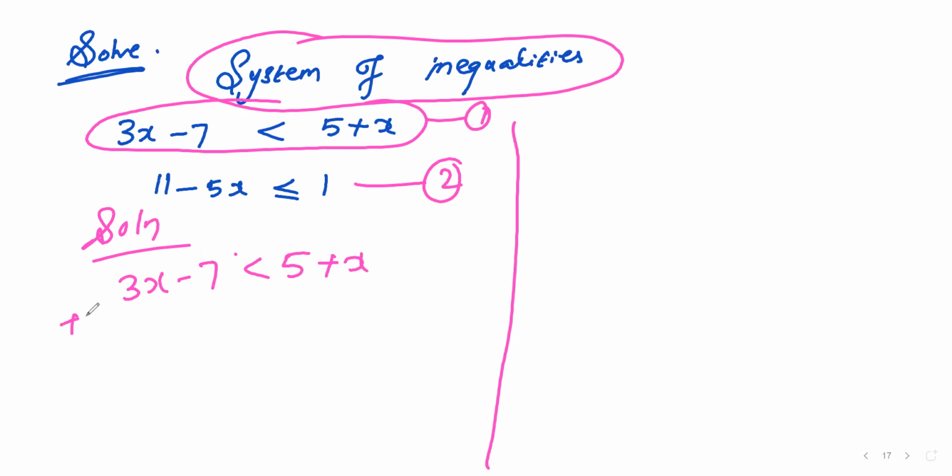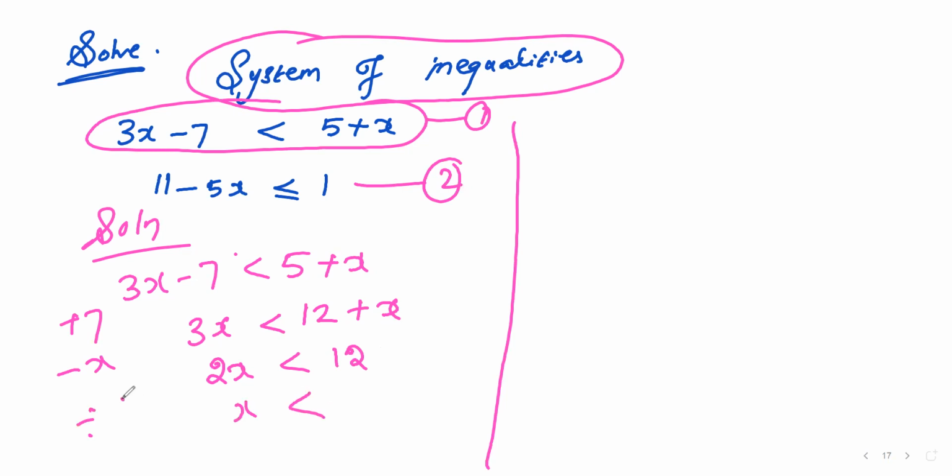Add 7 on both sides, so 3x is less than 12 plus x. Add minus x everywhere, so just 2x less than 12. Divide by a positive real number, so x is less than 6 for this.